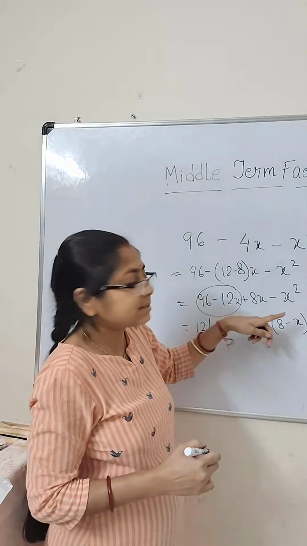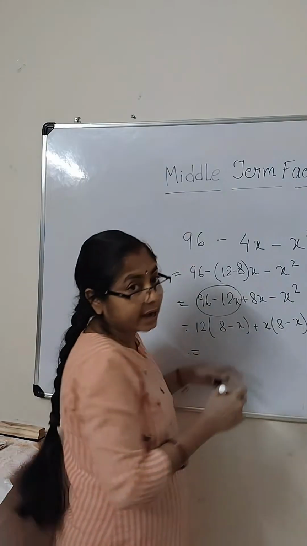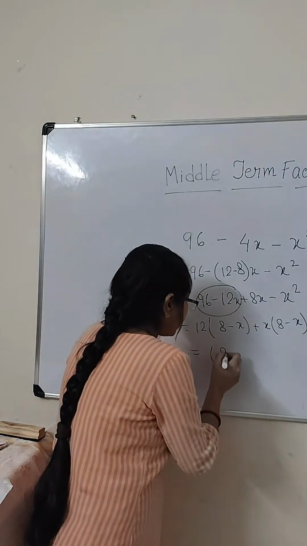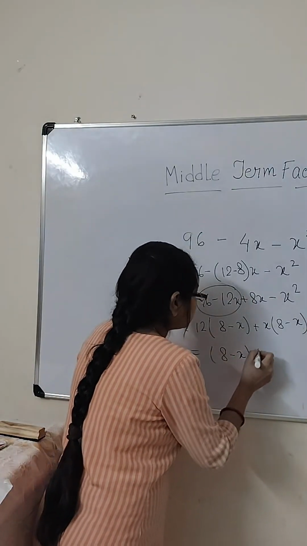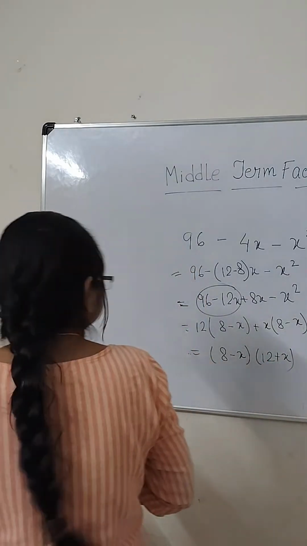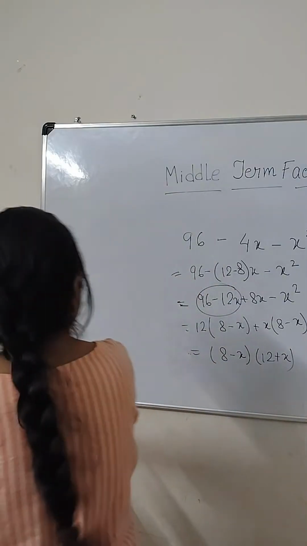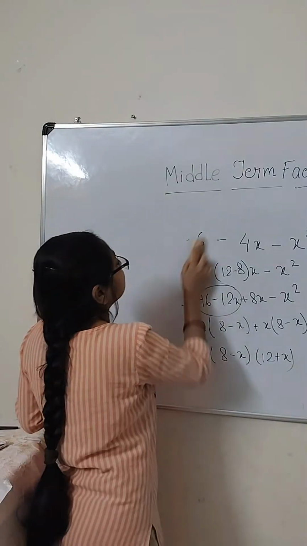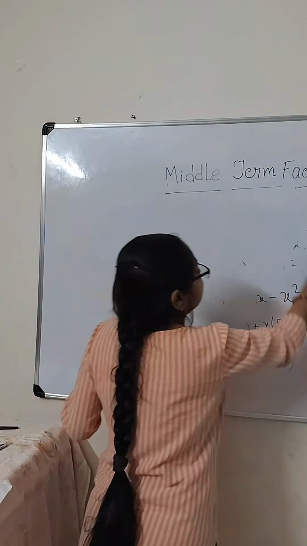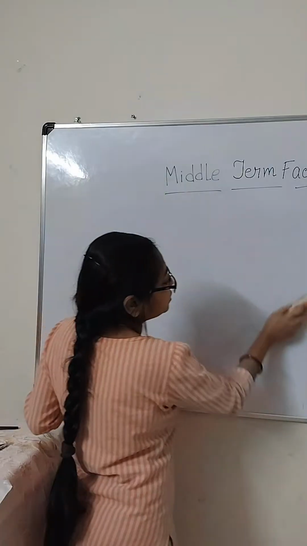I take x, and that is x square, so I take x, 8 minus x. Is the maths right? Yes, both are the same. So 8 minus x and 12 plus x. It is our answer.